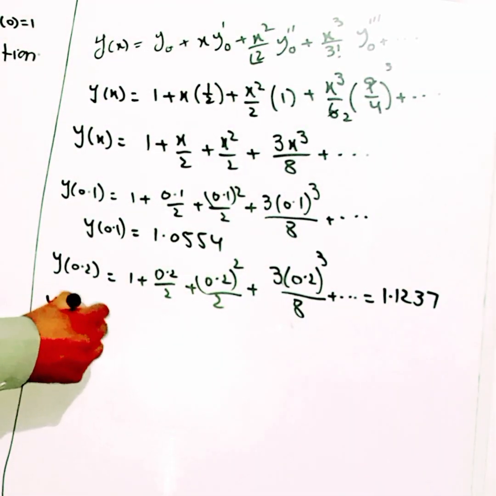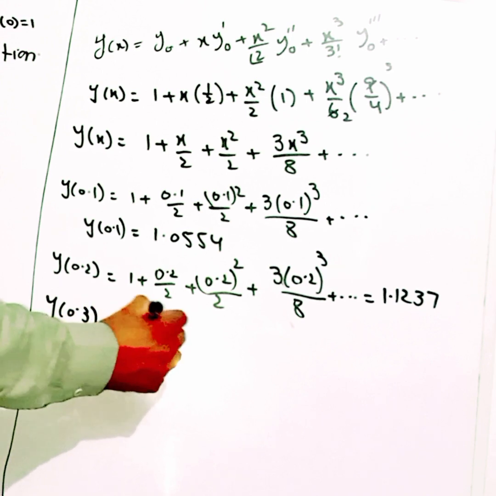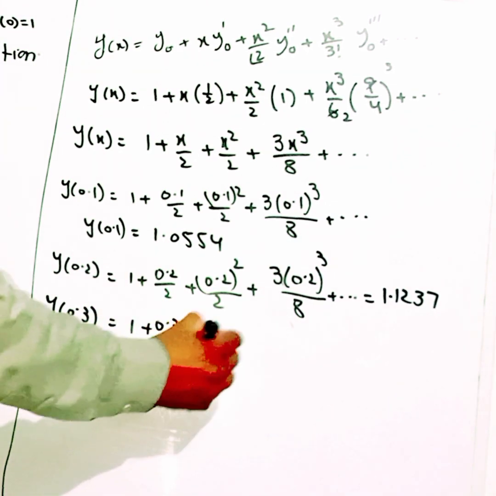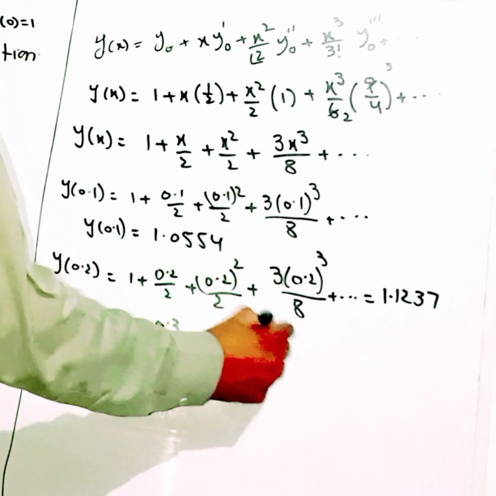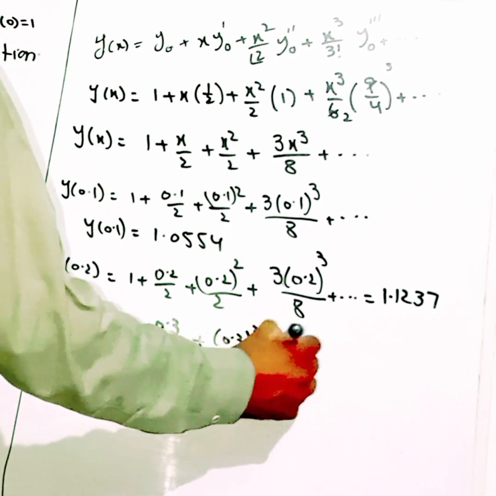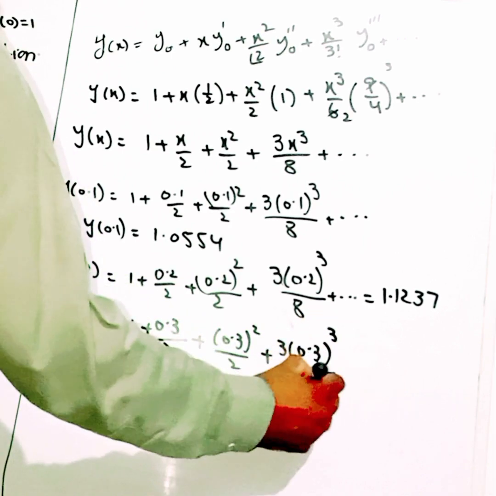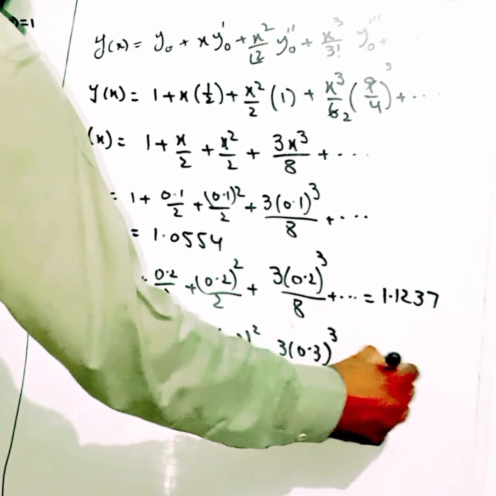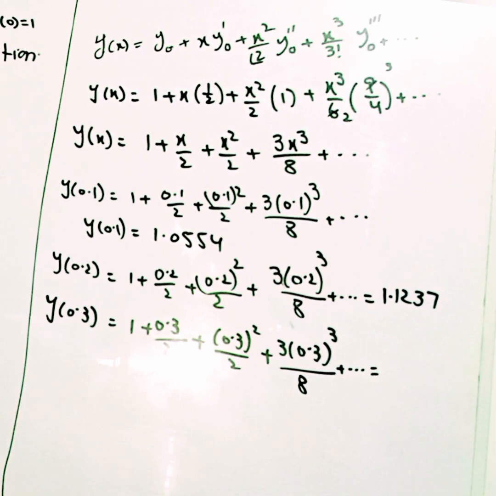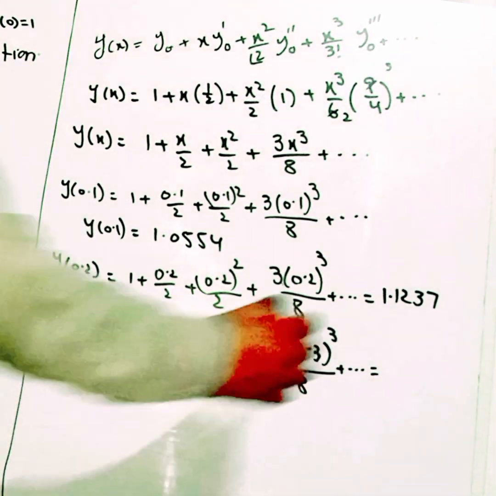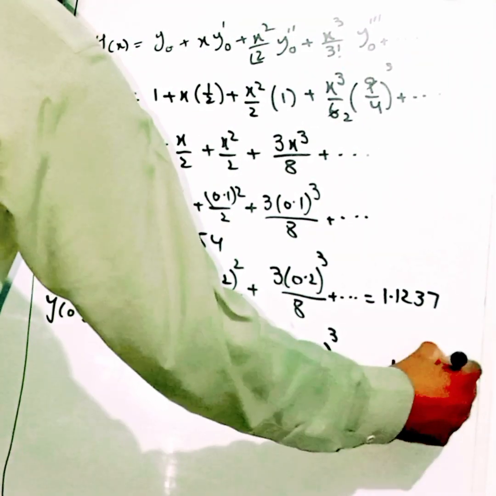Y of 0.3 is equal to 1 plus 0.3 over 2 plus 0.3 square over 2 plus 3 into 0.3 cube over 8 plus so on, which is equal to 1.2085.